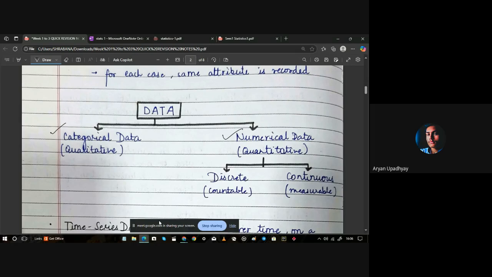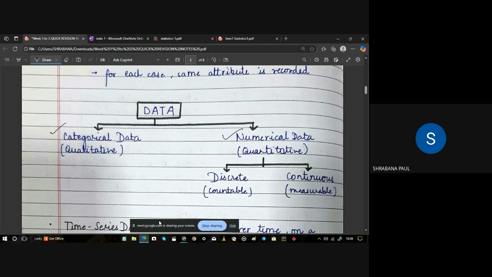Ma'am, we can't do any arithmetic operation if we divide into good, better, best. Yes, we have defined that, but we are not able to do arithmetic operations on that. Yeah, very good. Like male and female.